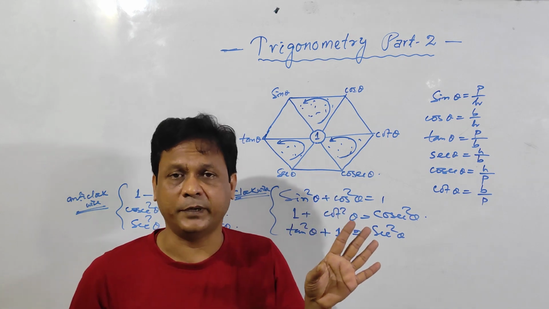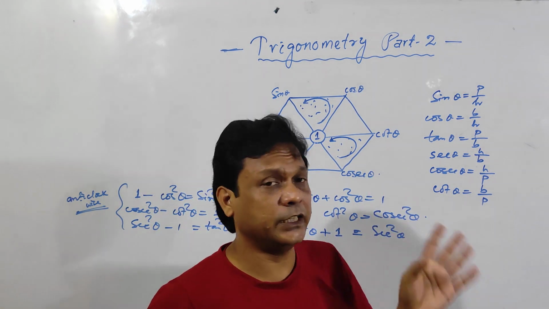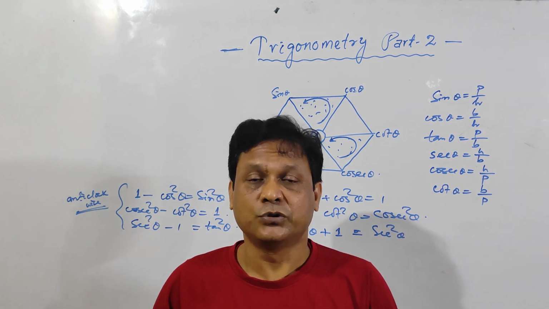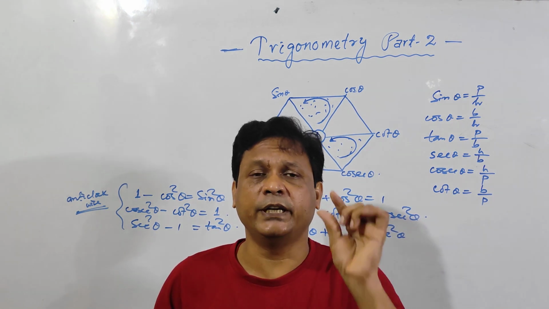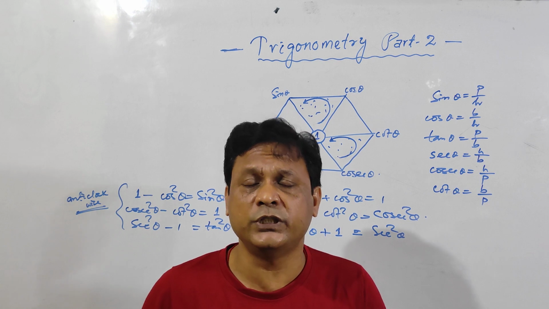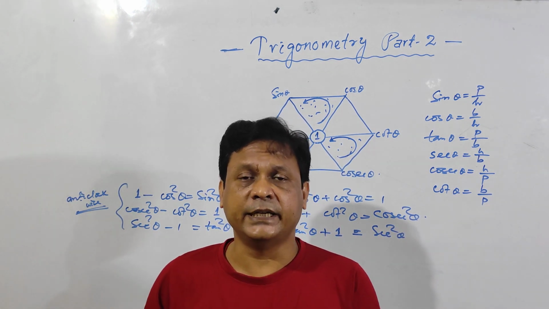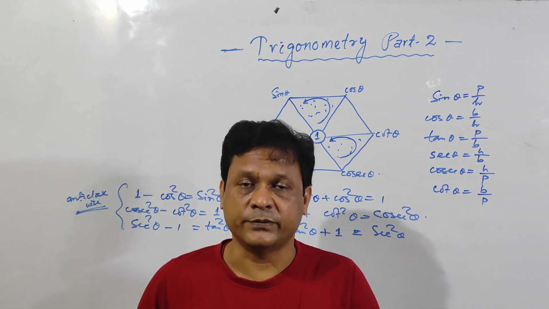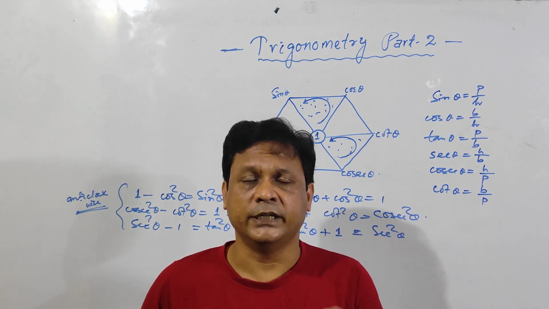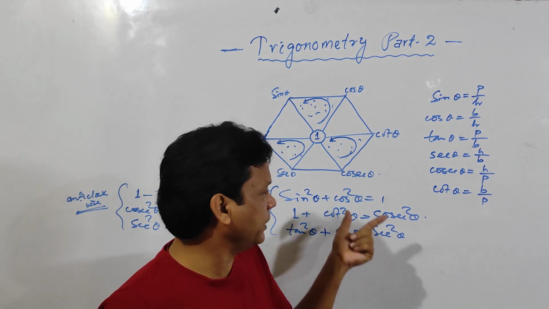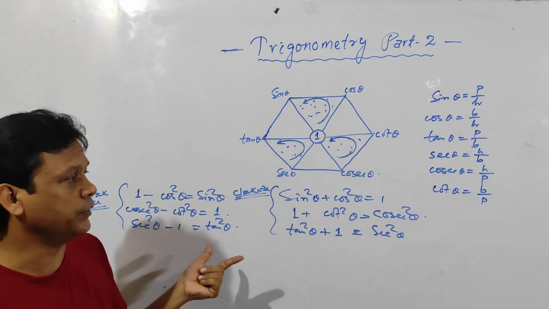So these are the formulas which you have to remember, so that you can do very simple questions which you are going to face in competitive exams, that means NDA, staff selection, banking, and CGL, etc. If you remember these formulas, it will be very easy for you.